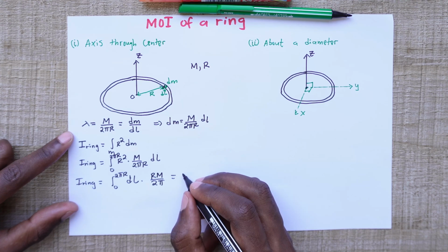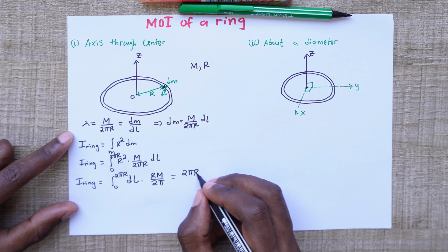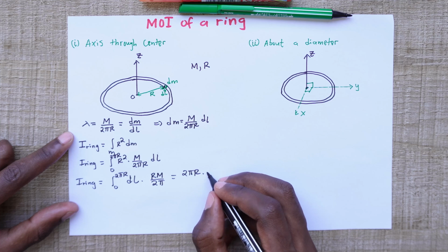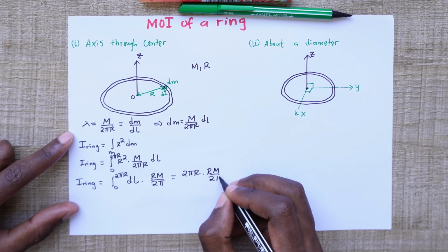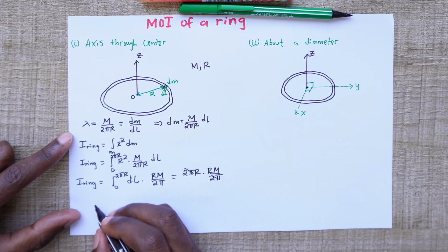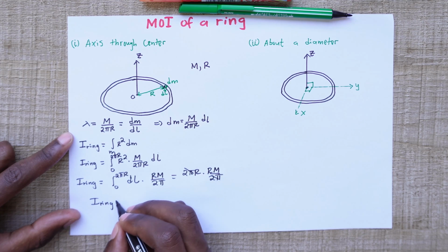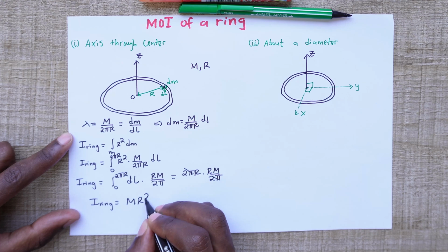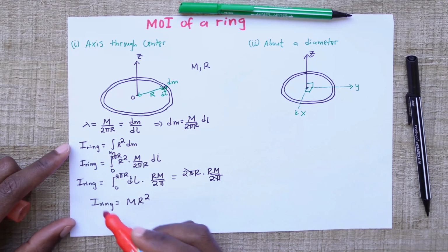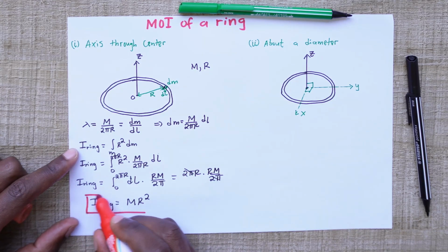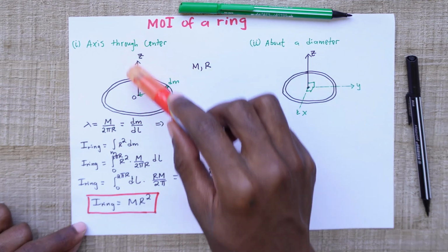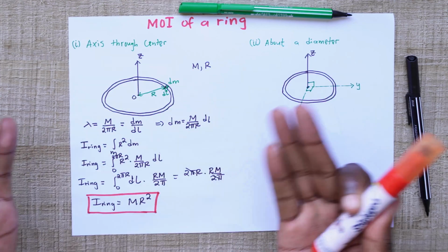If you integrate dl, you just have l from 0 to 2 pi R, that's just 2 pi R times capital R M over 2 pi. Okay, so 2 pi cancels with 2 pi, and at the end we have I of ring as M R squared. So this is the moment of inertia of a ring about an axis that passes through the center of the ring and that's perpendicular to the plane of the ring, of course.